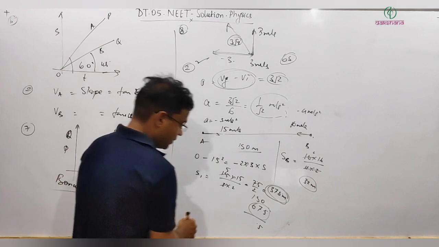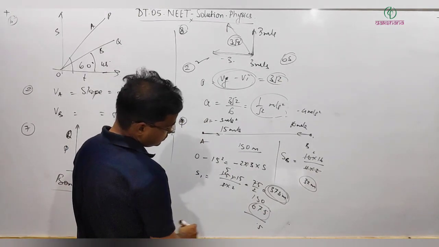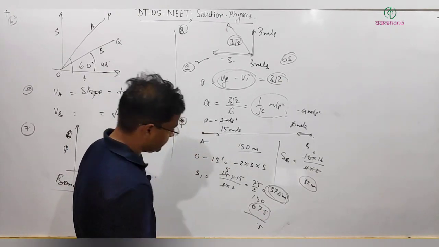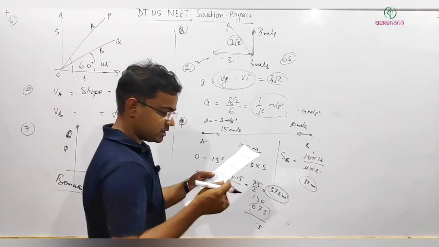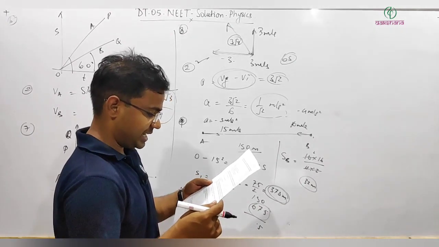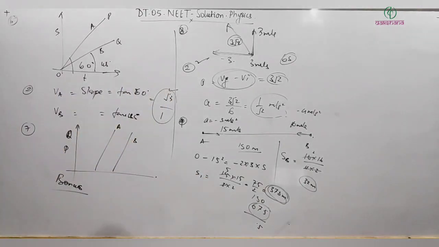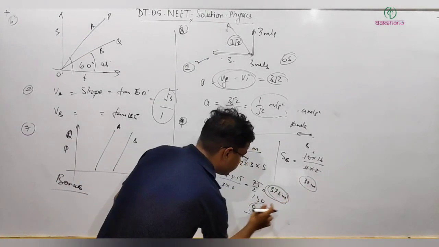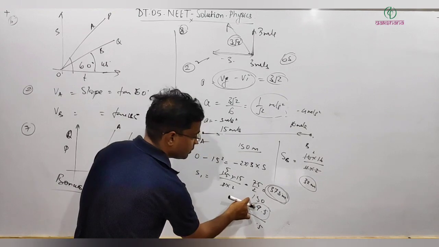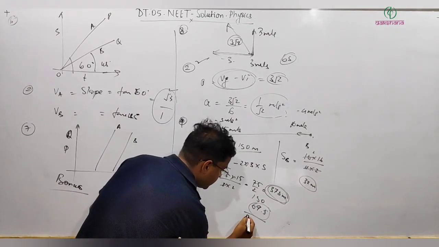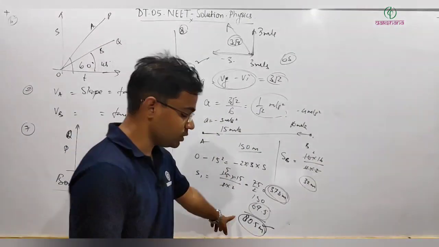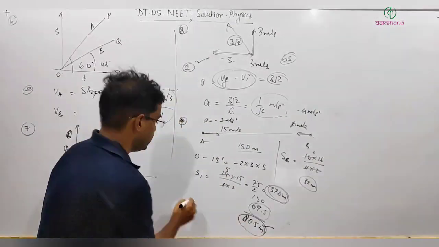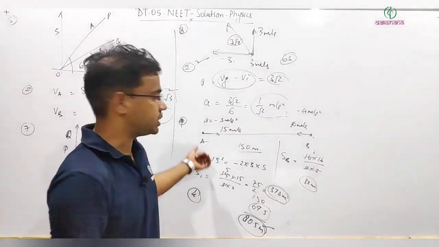So we are getting 69.5, then 150 minus 69.5 comes out to be 80.5 meter. So this will be the separation between the cars when they finally come to rest. That is the fourth option, the answer for question number 9.